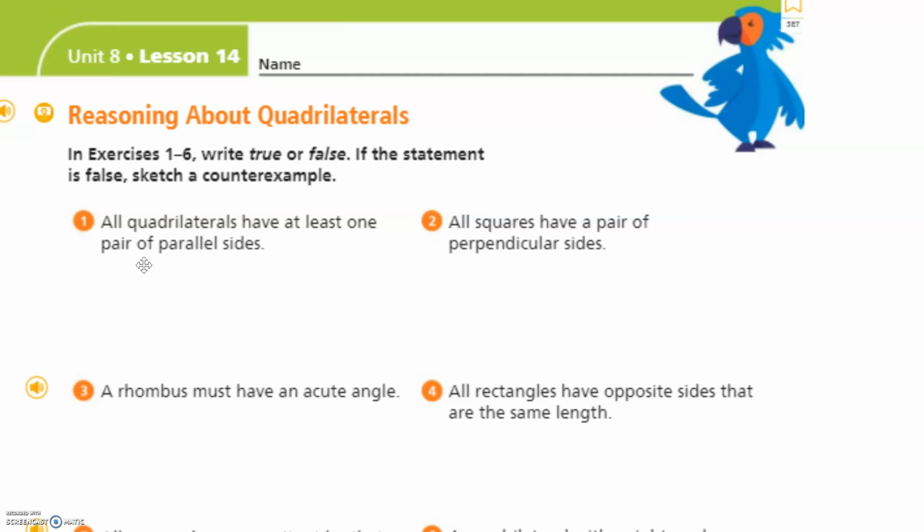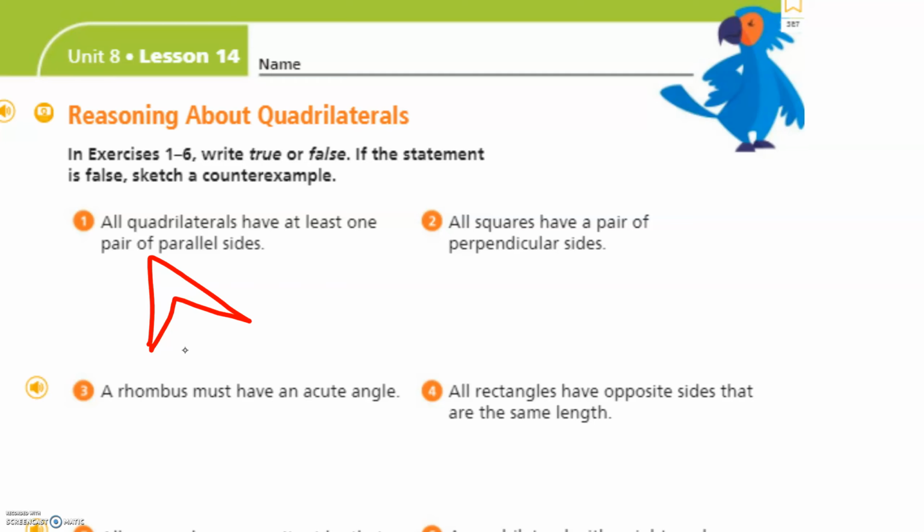All right, that statement is actually false. I'll give you an example of something that you could have drawn. You might have come up with something different, but that example I showed before, like this, has four sides, but there aren't any parallel sides there.